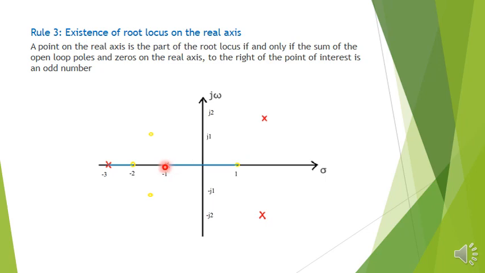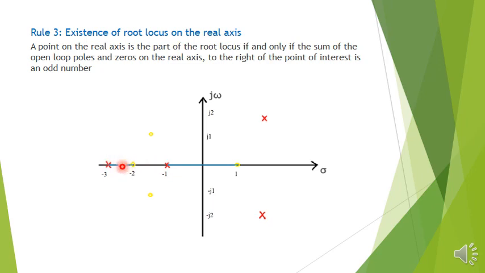Any point between -1 and -2, if I consider, for example -1.5, to the right how many poles and zeros exist together? 1, 2. So 2 poles and zeros exist on the right side, which is an even number. So this is not a part of the root locus.